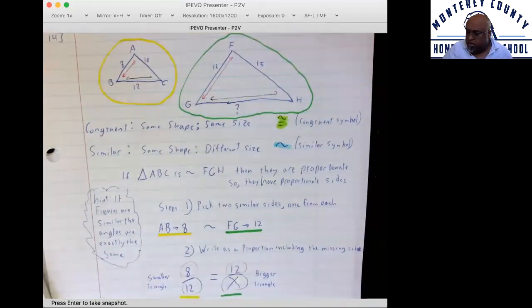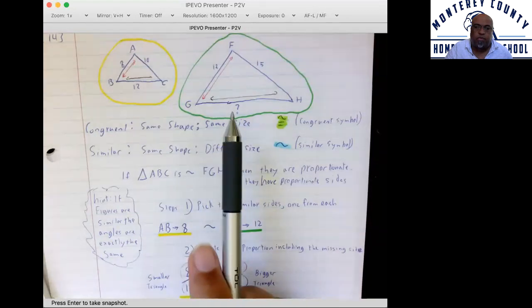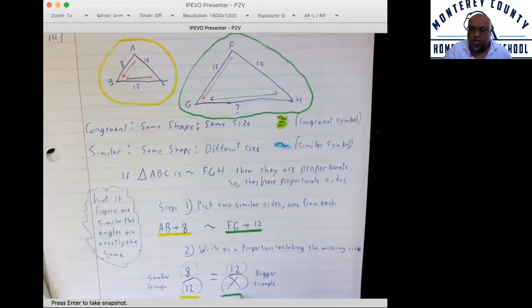I'm going to put those two sides as the numerators in my proportion. Step 2 is write as a proportion including the missing side. My missing side is a question mark, so I'm just going to use x, because x is a good letter to use when you don't know what the number is.